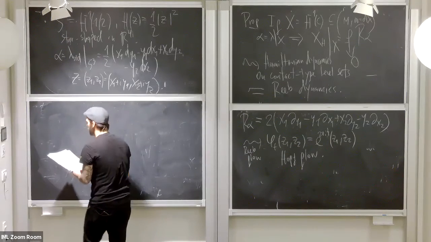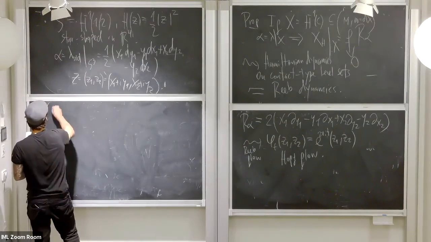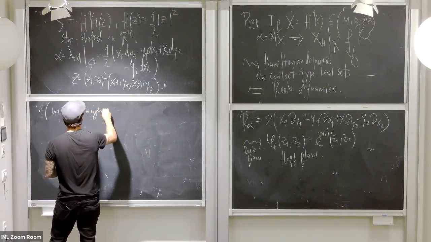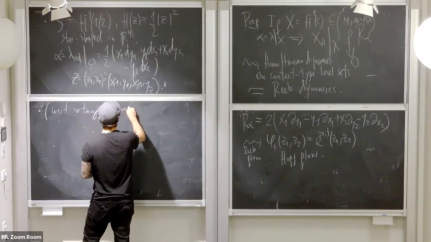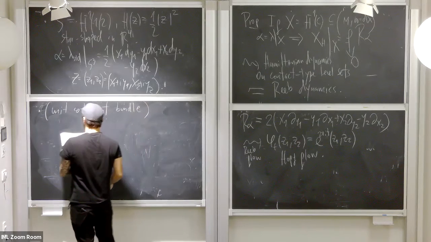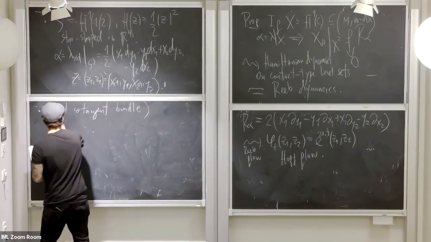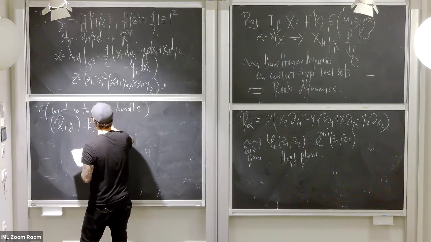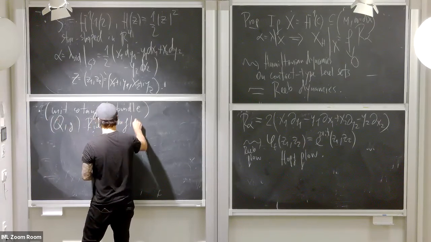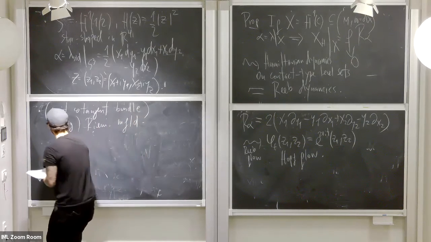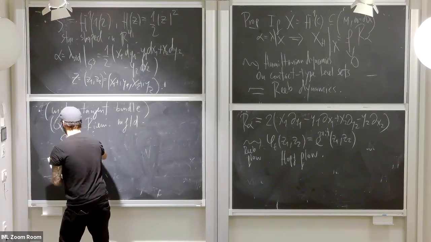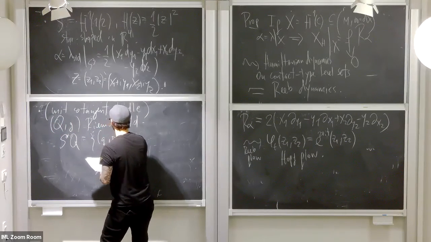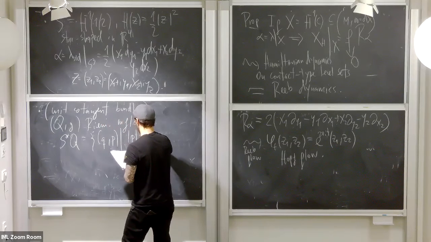And another fundamental example is the unit cotangent bundle. So here you put Q with a metric, so some Riemannian manifold. And the unit cotangent bundle of Q is just those (q, p) with the norm of p equals 1.